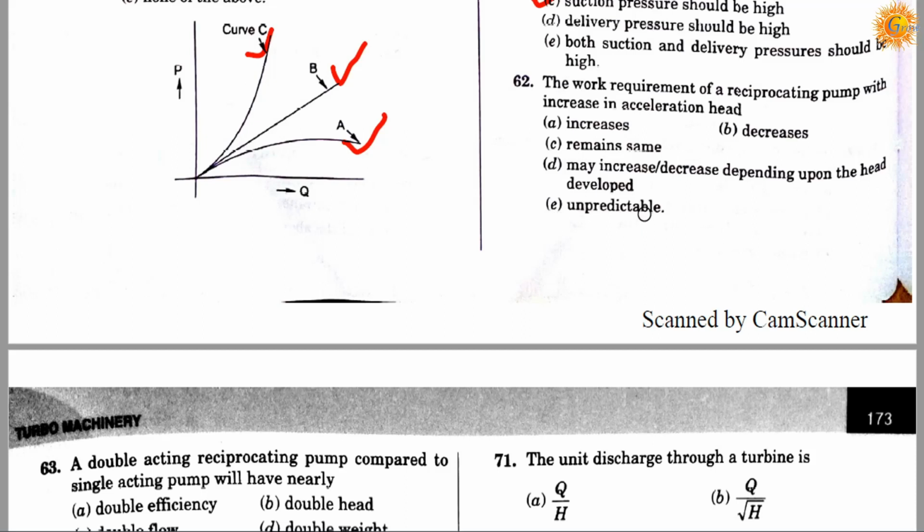So correct answer is C. The work requirement of a reciprocating pump with increase in acceleration head remains the same.